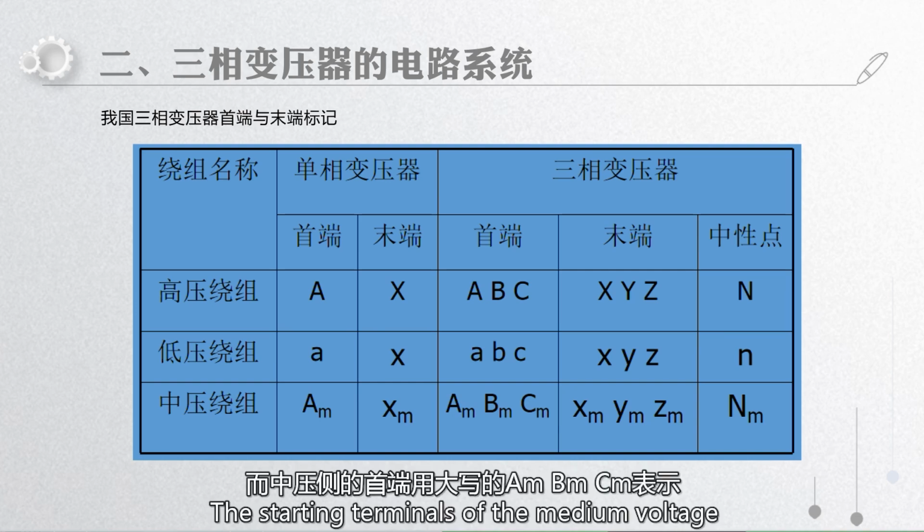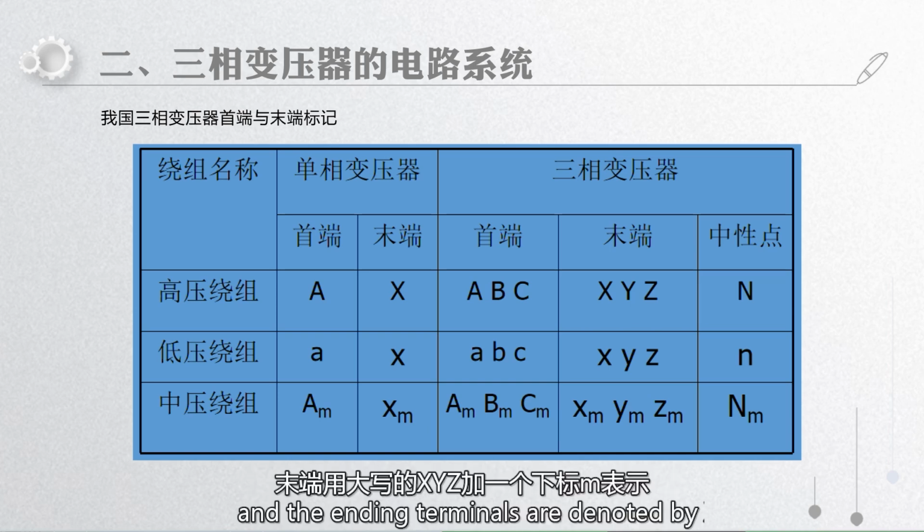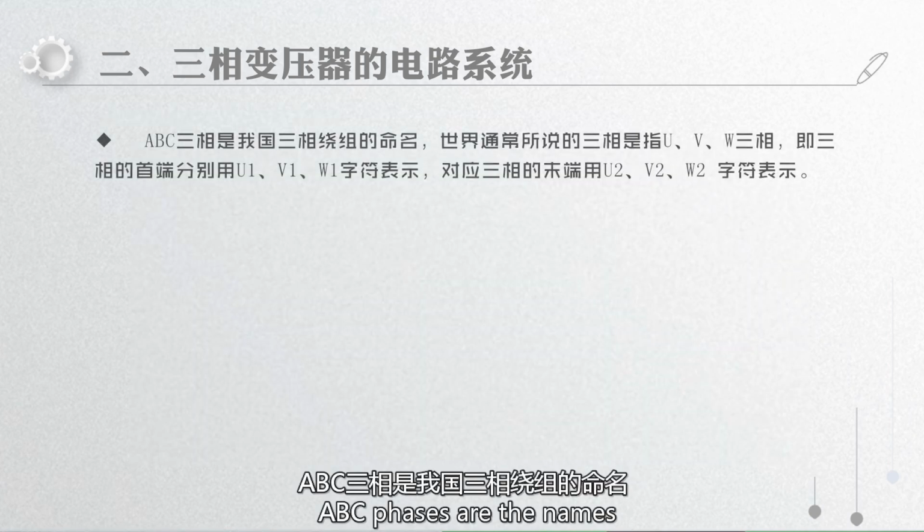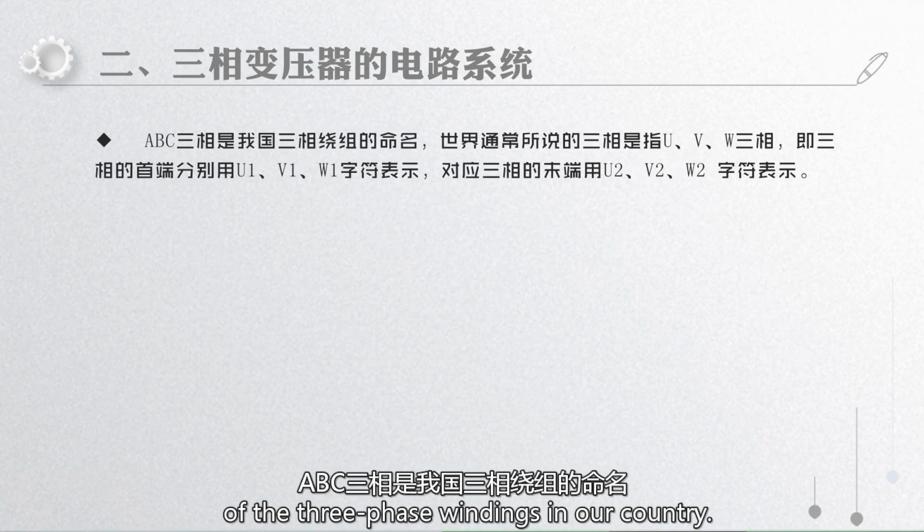The starting terminals of the medium voltage side are denoted by AM, BM, and CM, and the ending terminals are denoted by X, Y, Z, with the subscript M. A, B, C phases are the names of the three-phase windings in our country.